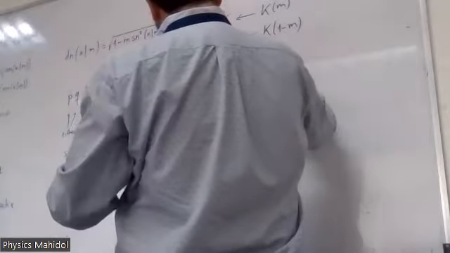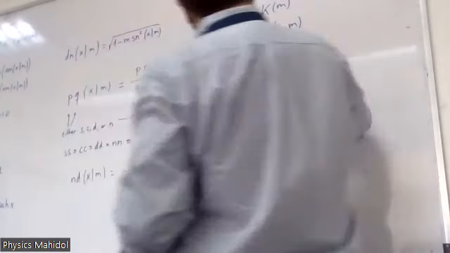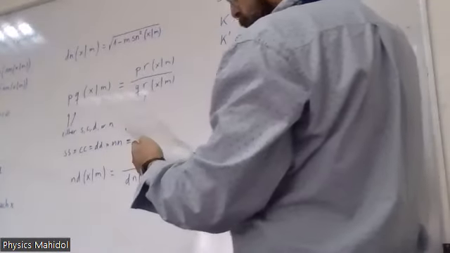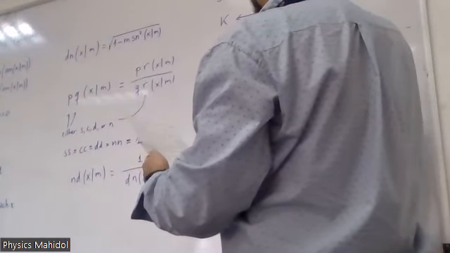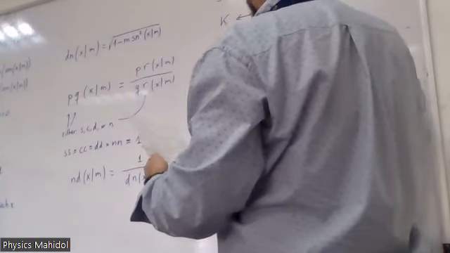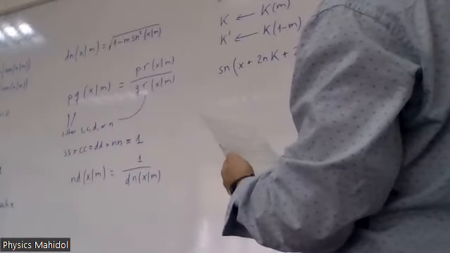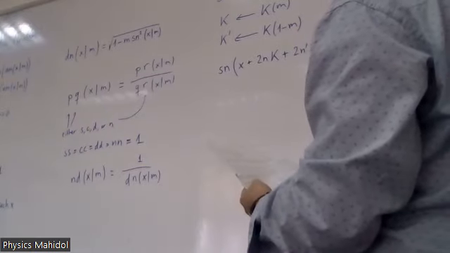Let me give you the expression and we go to lunch. The sn of x plus an even multiple of the value of k and another even multiple times i, the value k prime, is always equal to plus or minus, depending on n, the sn of x.